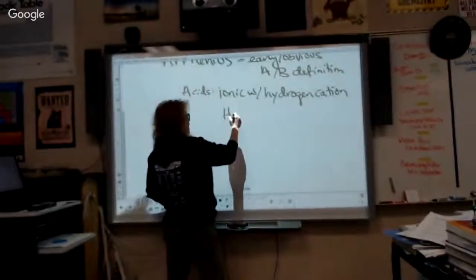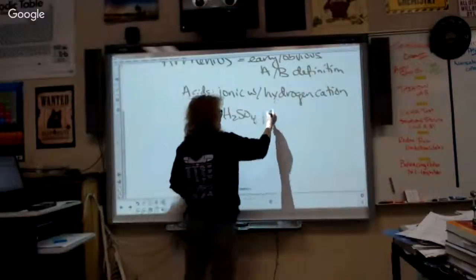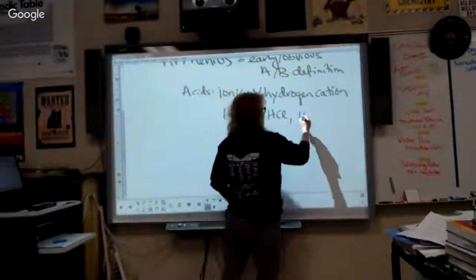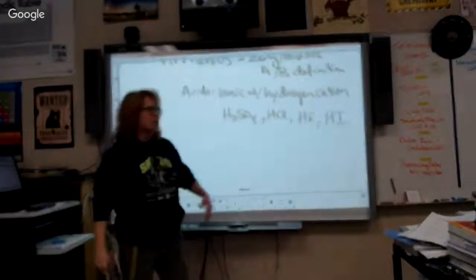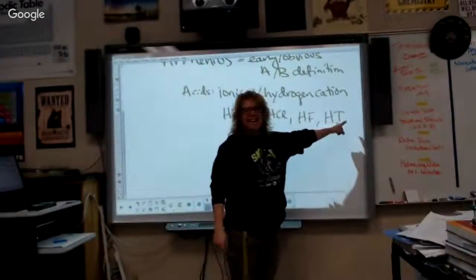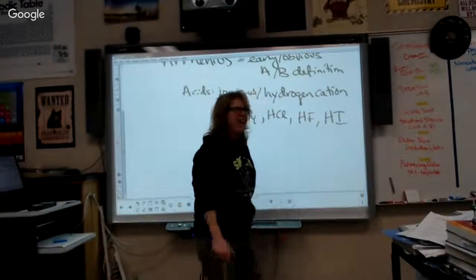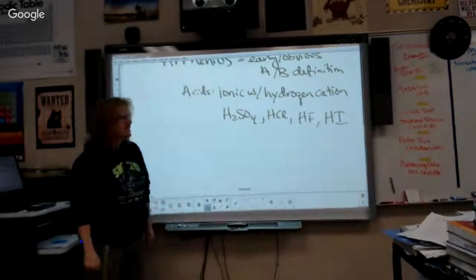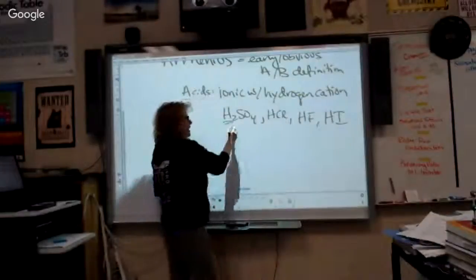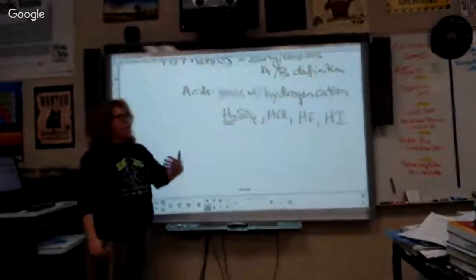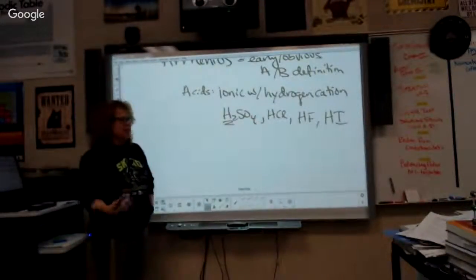So you've got something like H2SO4, you got HCl, HF, the friendly one. No, the friendly one. HI, hydroiodic acid. Yeah. So it can be any of these. Anything that's an ionic compound that's got hydrogen at the first, that means it's an acid. And that's a pretty typical thing.